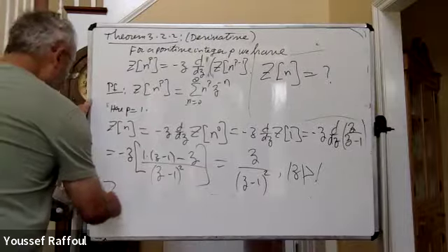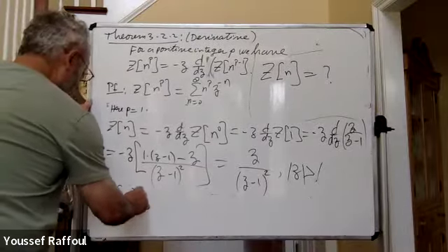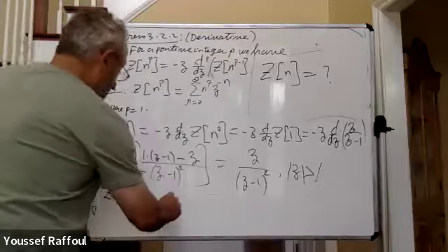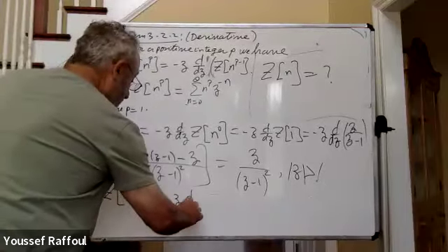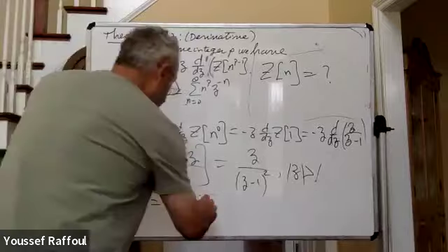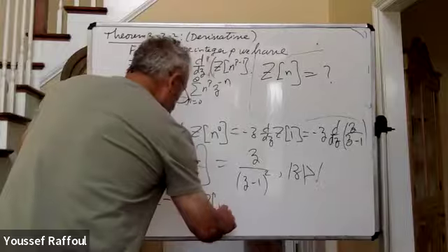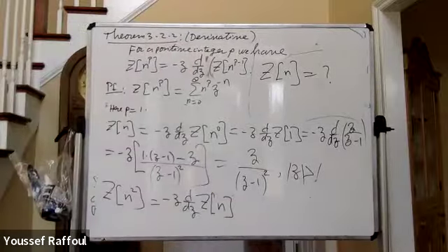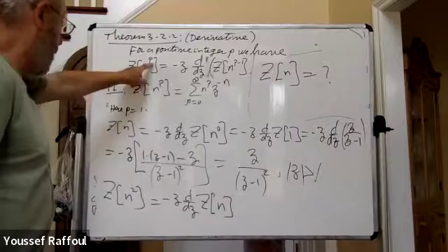So what about Z of n squared? Well, that is minus z d/dz of Z of n to the power 1. Isn't that correct? I put p equal to 2 here.